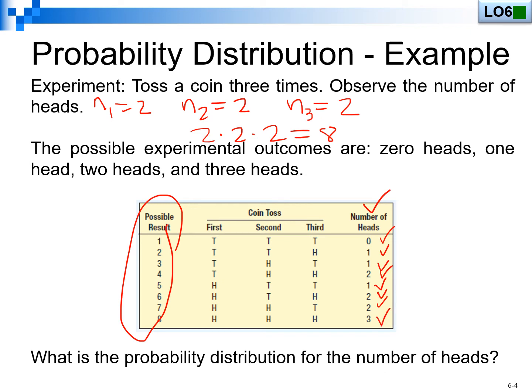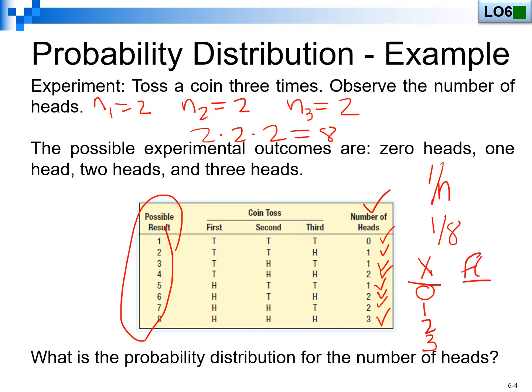And then there was only 1 time that you got heads 3 times. Remember the basic 1 divided by n probability concept, or 1/8, is the possibility for each one of these outcomes. So if you follow this distribution, x, which represents the number of heads, could be either 0, 1, 2, or 3.